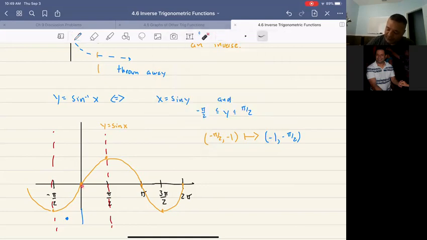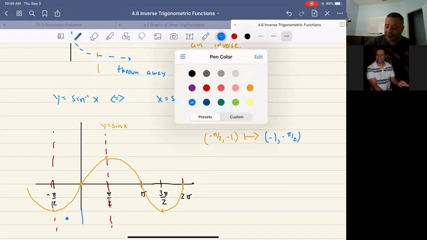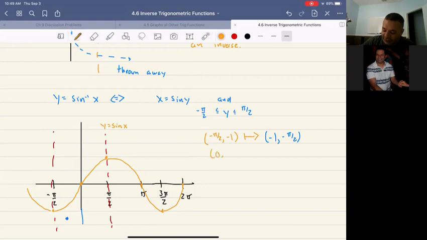This point here is 0, 0, which of course goes to 0, 0, just changing the position of x and y. And finally, this point here, which is pi over 2, 1, should go to 1 comma pi over 2.